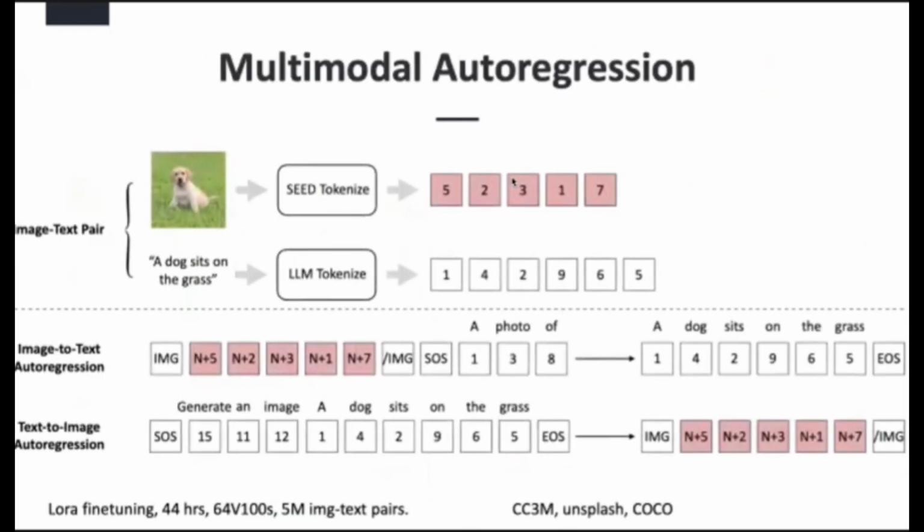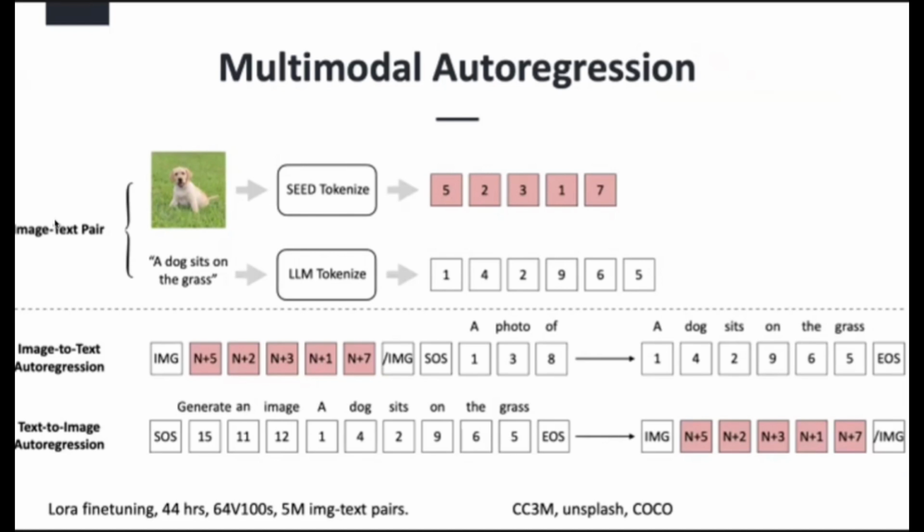And after the image tokenizer and detokenizer are trained, they inject the image tokens into the large language model and perform multimodal autoregression training.